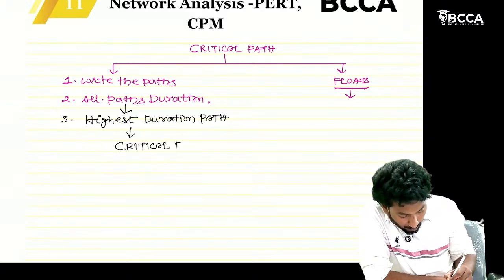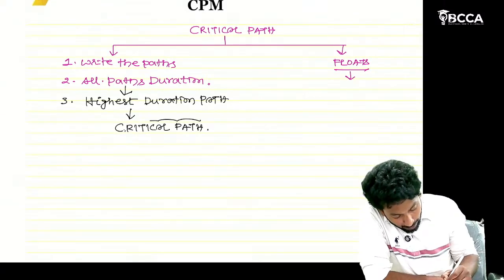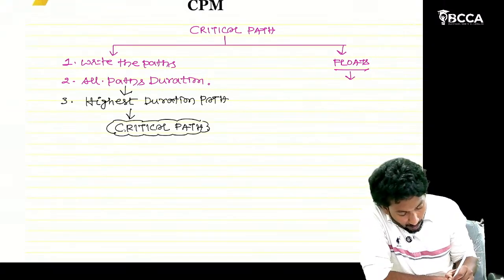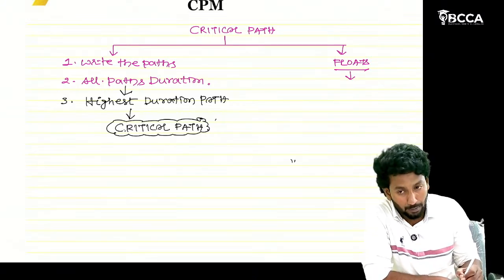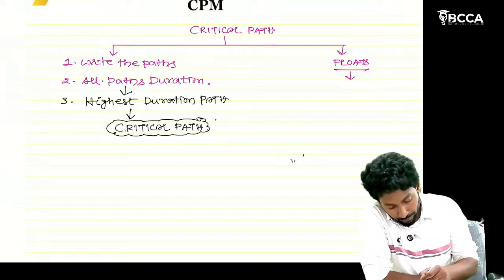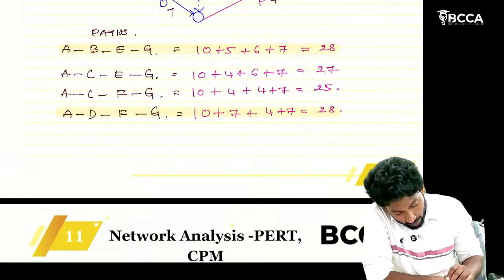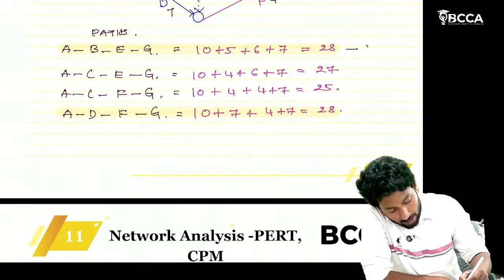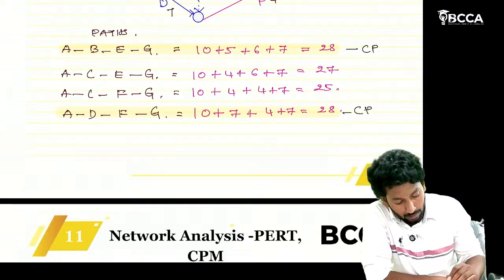So critical path means the path which is having highest duration, sir. Here we have two critical paths: ABEG is a critical path, ADFG is also a critical path.